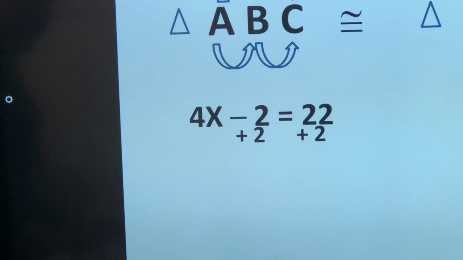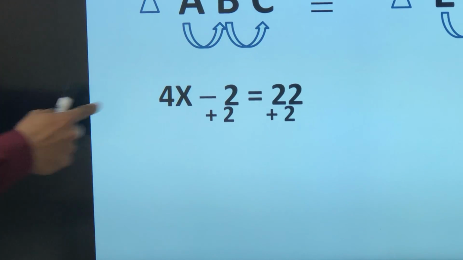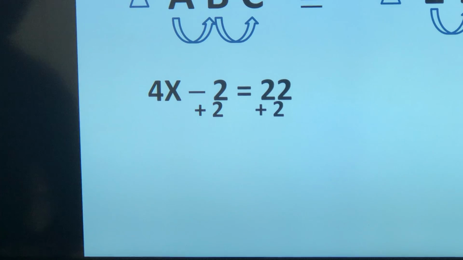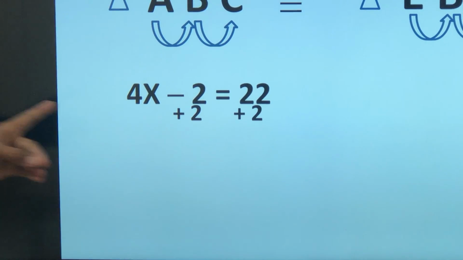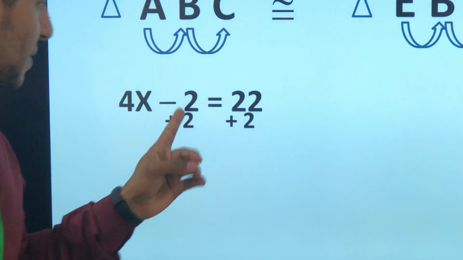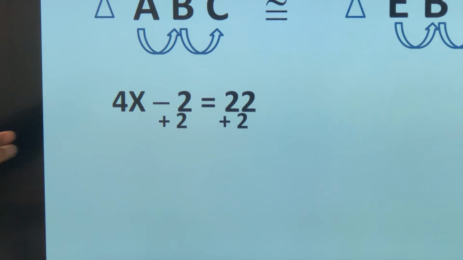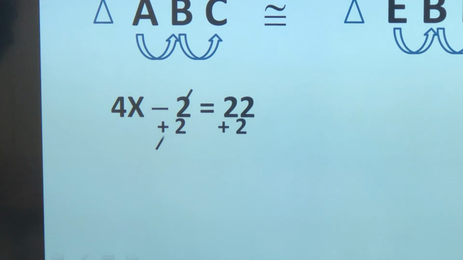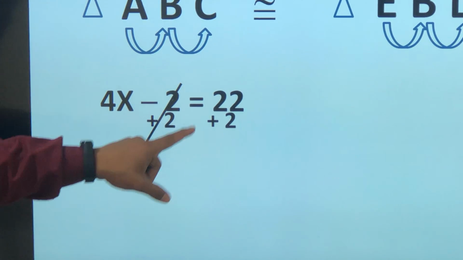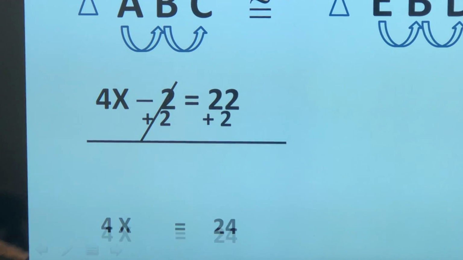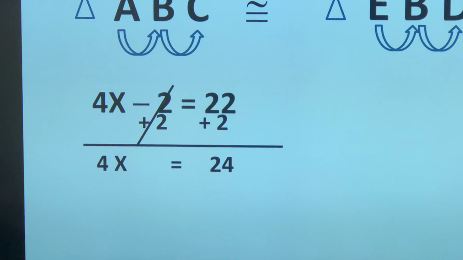So I'm going to make an equation: 4x minus 2 equals 22. To get x, add the opposite of negative 2, which is positive 2, to both sides. Negative 2 plus 2 is 0, cancel, and bring down 4x, and 22 plus 2 is equal to 24.